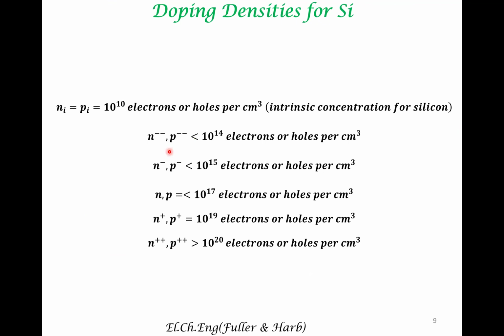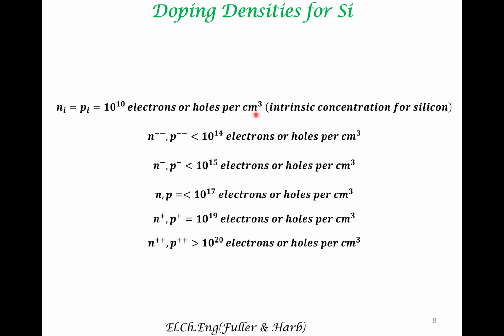It is also useful to have some numbers because these numbers will be utilized in subsequent lectures. Typically, the intrinsic carrier concentration is about 10 to the 10 electrons or holes per cubic centimeter.